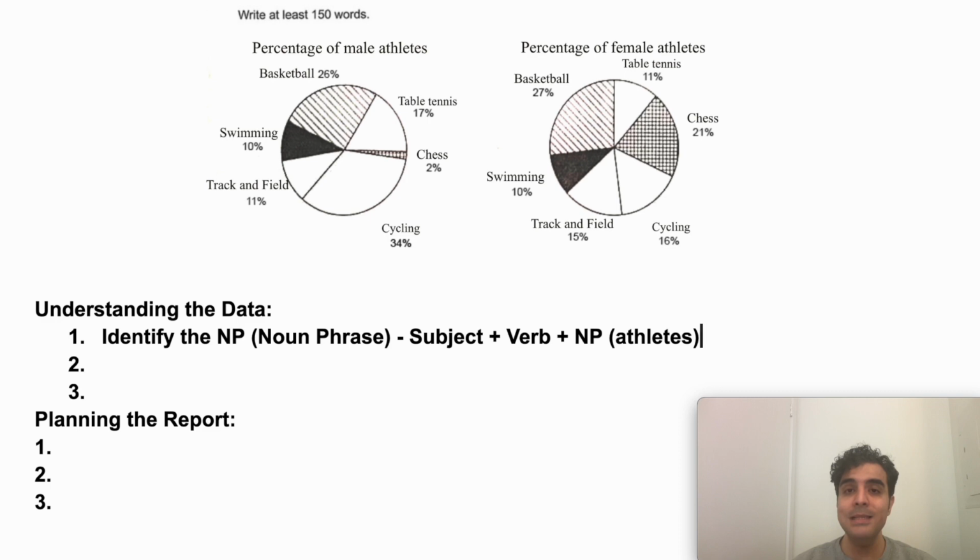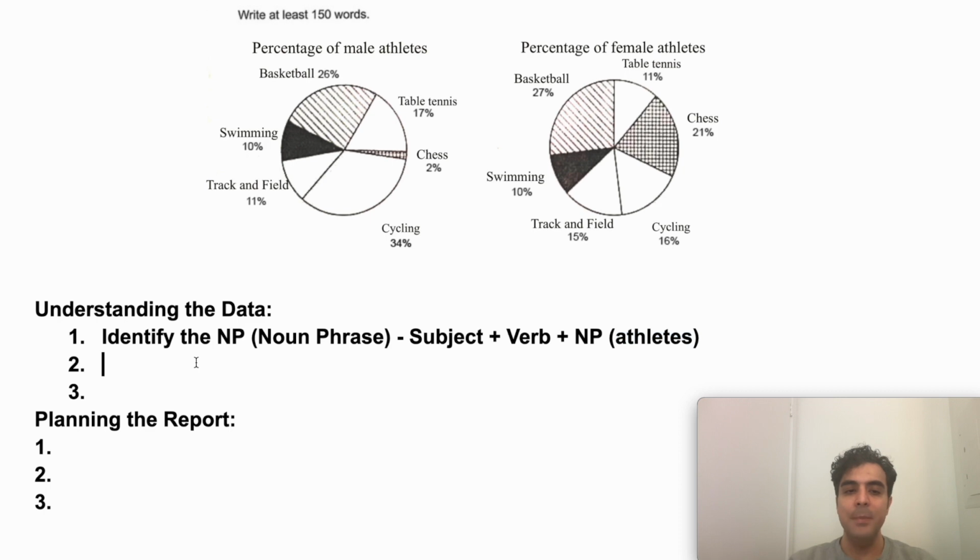If you misidentify this NP core, chances are you might write a report which you think represents what this data is showing, but in fact, it's showing something else. I'll show you what I mean with a few more examples. But for now, suffice it to say that after looking at the subject, verb, and NP, we've identified the word athletes as the core of this NP.